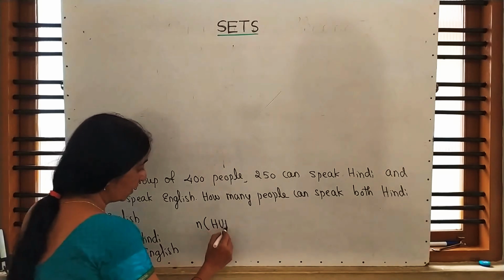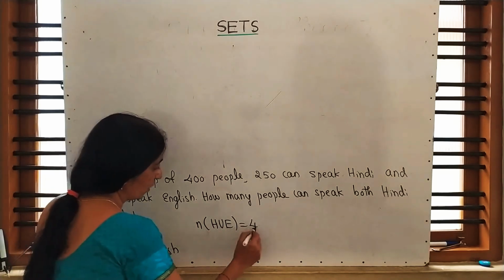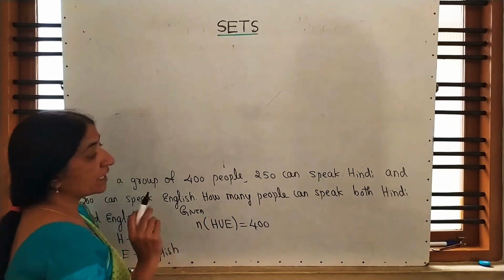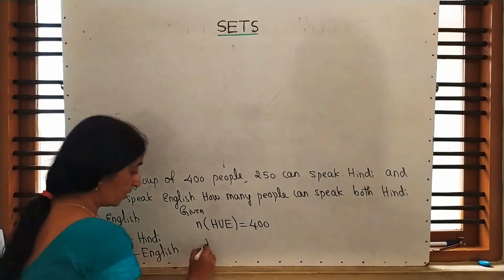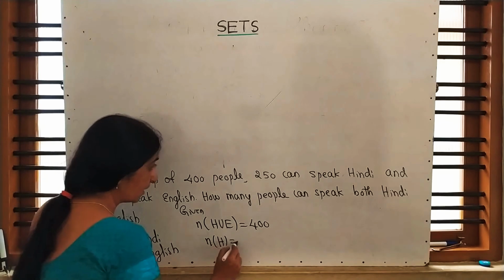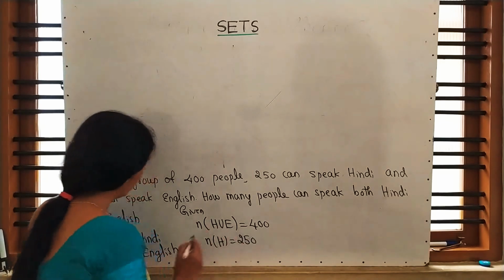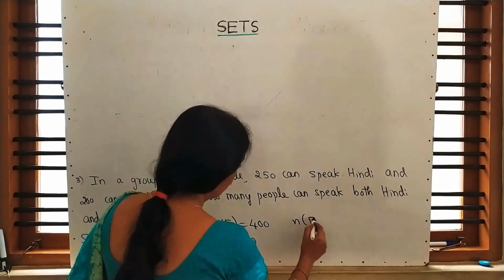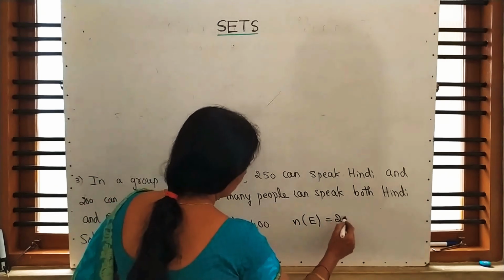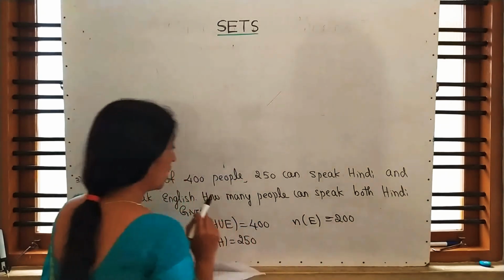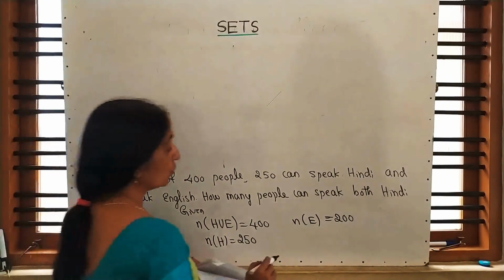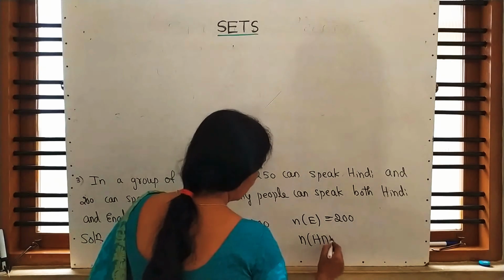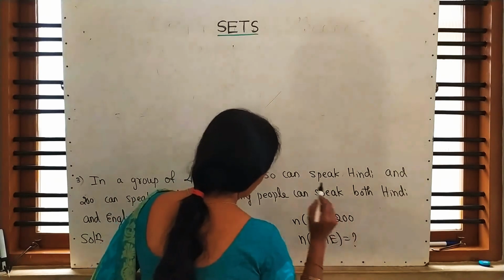H union E is 400. 250 can speak Hindi, the number of elements who speak Hindi is 250, and 200 can speak English. Read the question. How many people can speak both Hindi and English? The number of elements in H intersection E is the question mark.